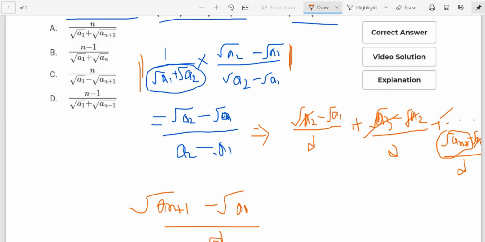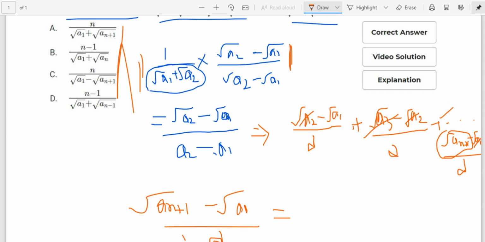So if we compare these things with this one, I think this is matching, but this denominator is not matching, because in the form of d there is no option given as a correct option, isn't it?